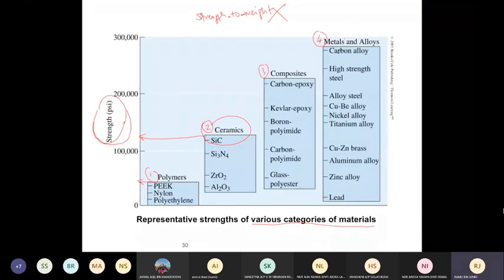I give you an easy example. You can compare wood with steel. So you have one wood and then a second, steel. Which one is stronger?